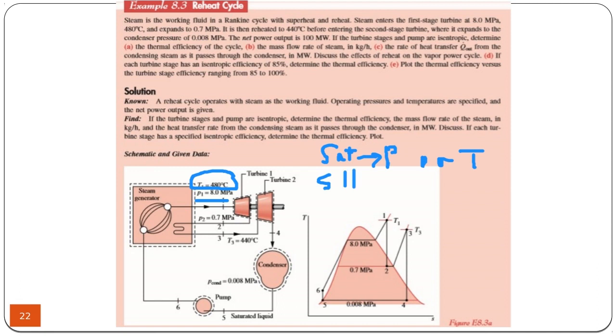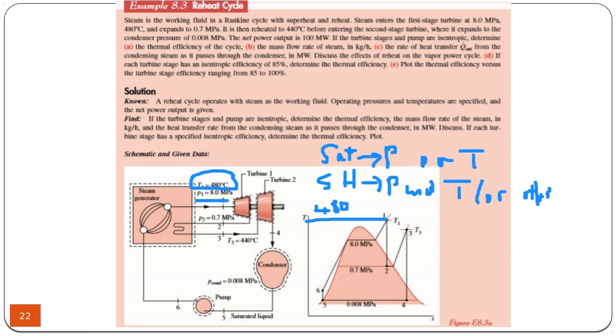For instance, pressure and temperature, or some other. So because it's superheat, two properties are given. The exit of the boiler is 8 megapascals, 480 Celsius.